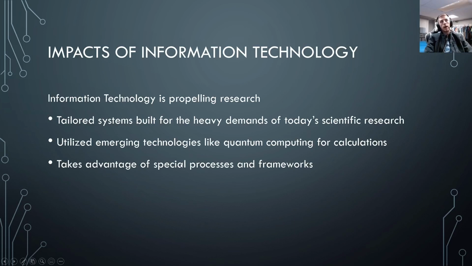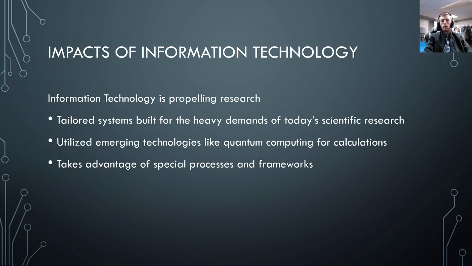Alright, so impacts of information technology on the scientific community. IT systems are propelling research forward. We have developed, as the IT community, tailored systems built to meet the demands of the scientific community.